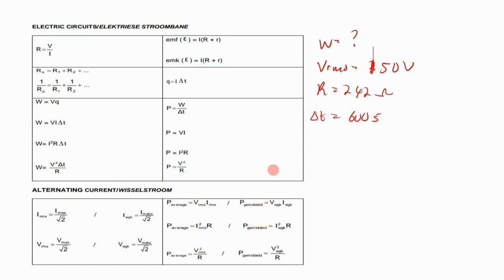The formula that will be best for this calculation is this one, because it has everything we have there: W equals V squared RMS, multiplied by change in time, over the resistance.